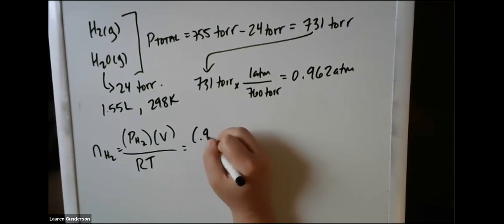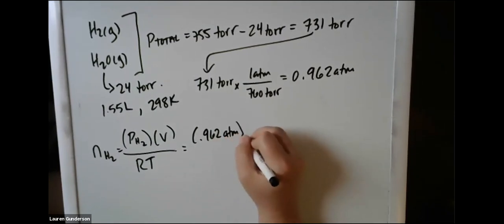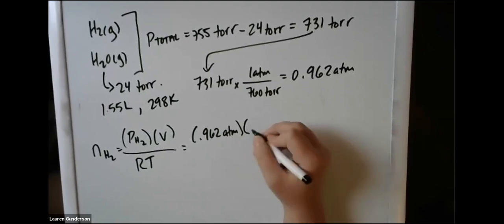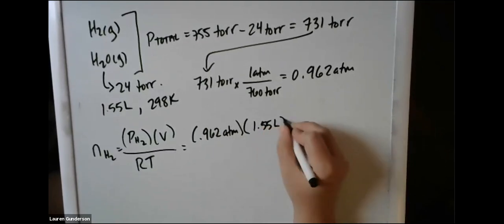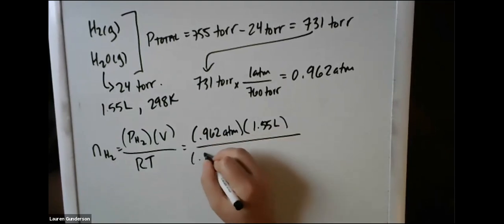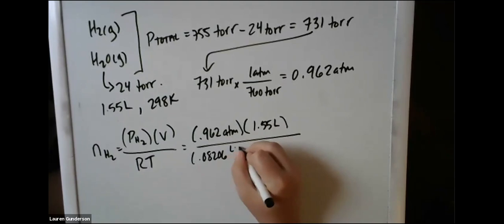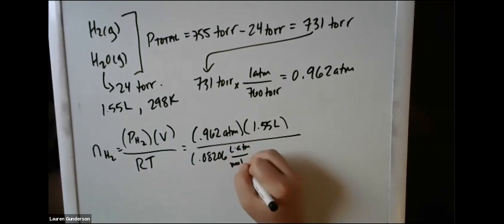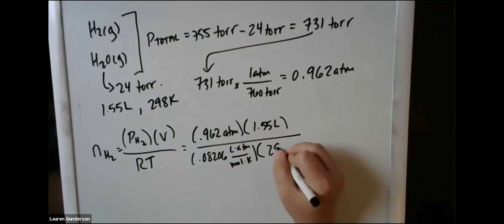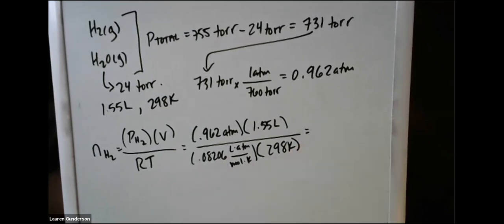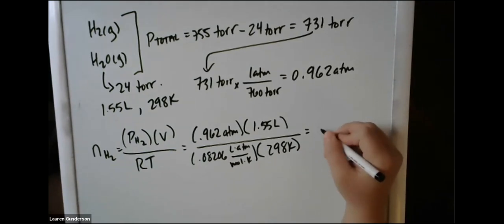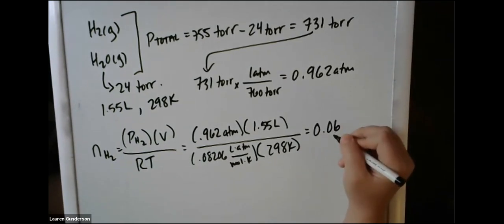So this will be 0.962 atm times our volume, which is 1.55 liters, divided by our gas constant and our temperature of 298 Kelvin. And we get a mole value of hydrogen gas of 0.0610.